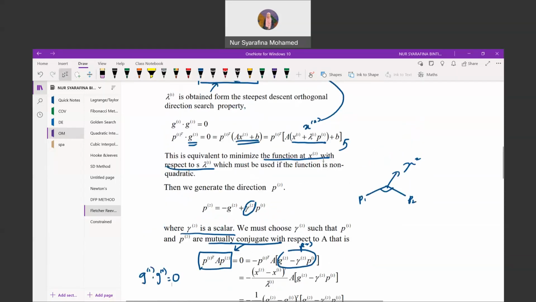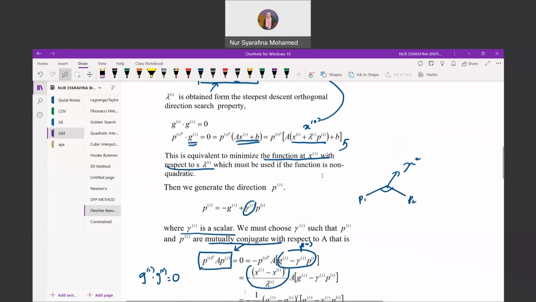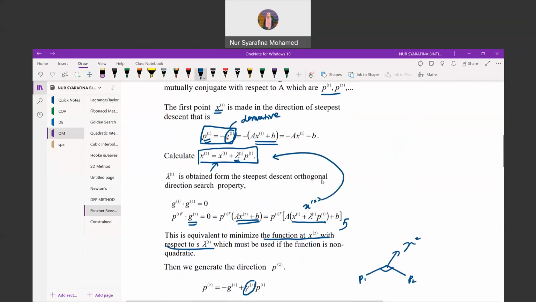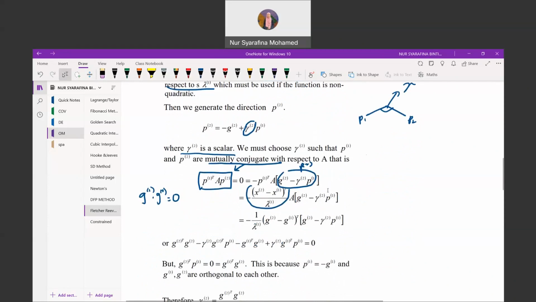So when it is mutually conjugate, the dot product equals 0. So we have P1 transpose A P2 equals 0, where this P2 is given by G2 minus gamma 2 P1. And the P1 here is obtained by negative x2 minus x1 transpose lambda 1, where we obtain this from above. So substitute, this is just a derivation process. We simplify and then we get this.